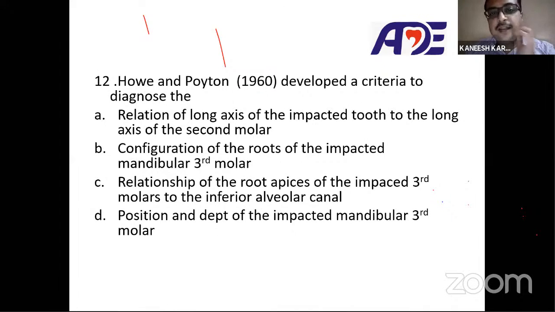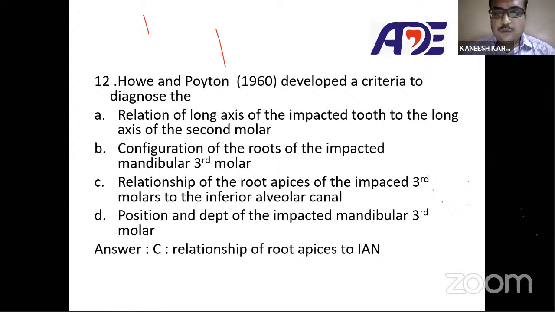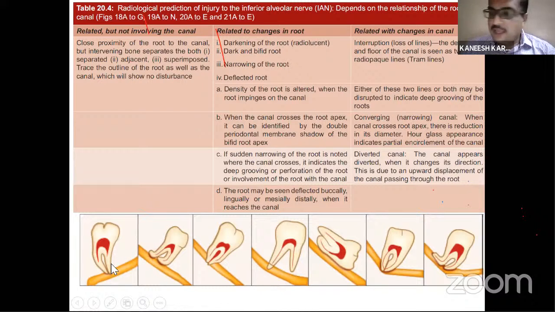Howe and Poynton in 1960 developed a criteria to diagnose the relationship of the root apices of the impacted third molar to the inferior alveolar canal. They describe the relationship between the root apex and the inferior alveolar nerve canal.